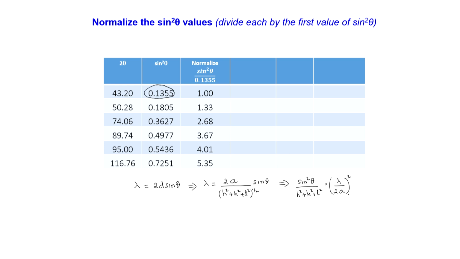Now, this is an interesting arrangement. Lambda upon 2a squared, if you think about it, for a given experiment is a fixed value, a constant. The wavelength that I take, if it is copper K alpha, is fixed. The lattice parameter for the material is fixed. Therefore, the right hand side is a constant. On the left hand side, the numerator and the denominator will change for different peaks, but the ratio would be a constant.